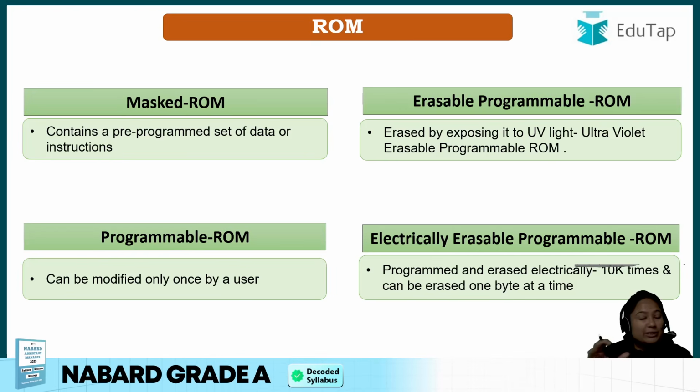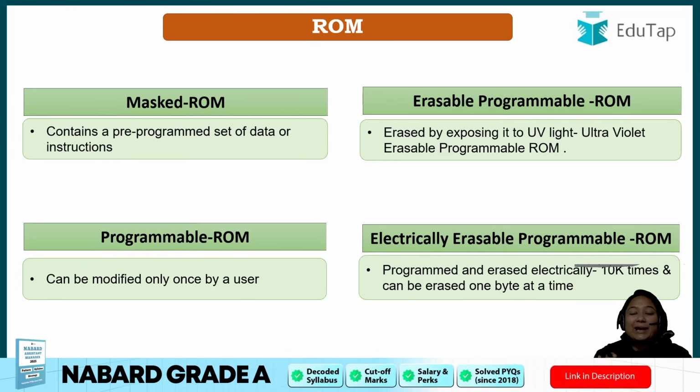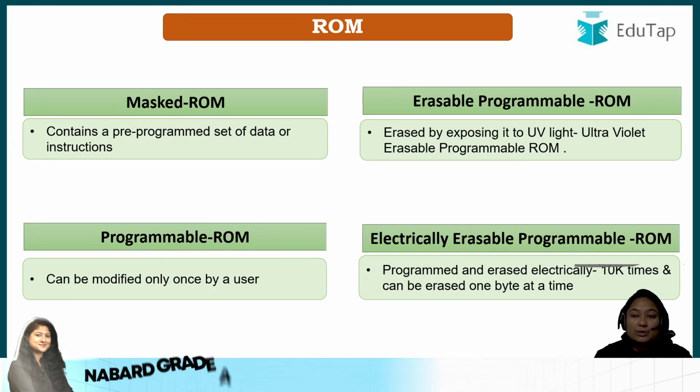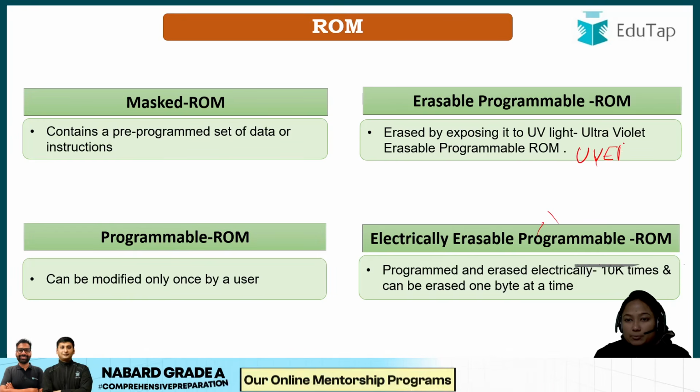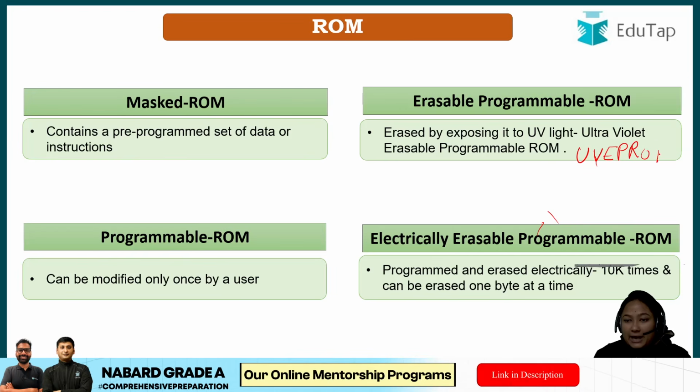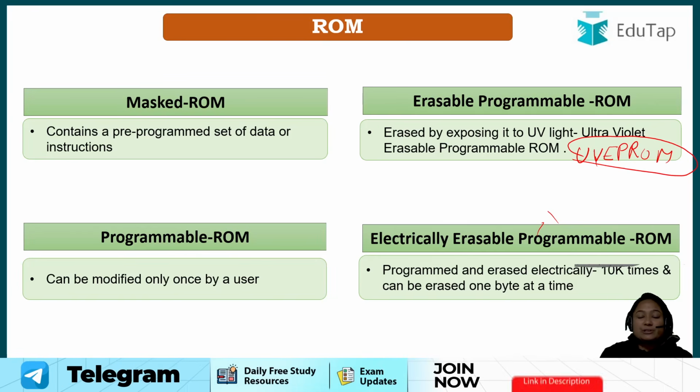You can delete whatever data is written on the ROM with the help of UV light. That is why it is also known as ultraviolet erasable programmable ROM. You can also call it UV EPROM. Do not get confused if you see this in your exam questions.